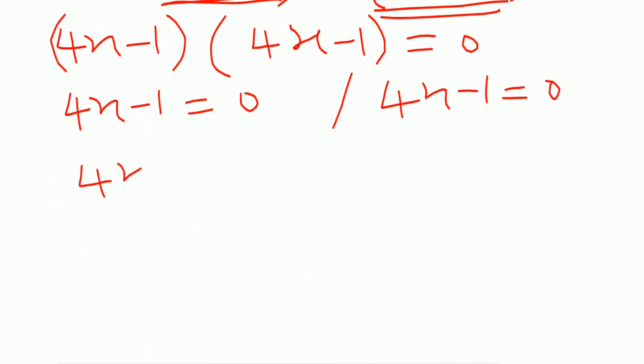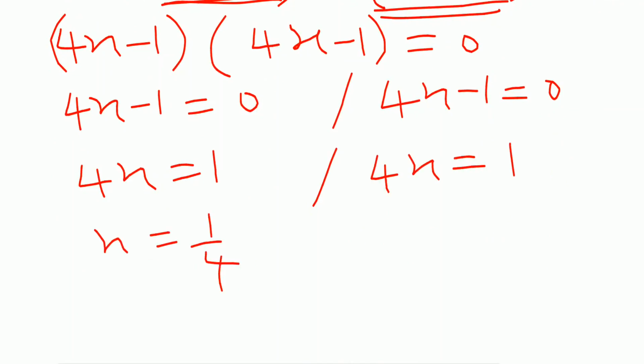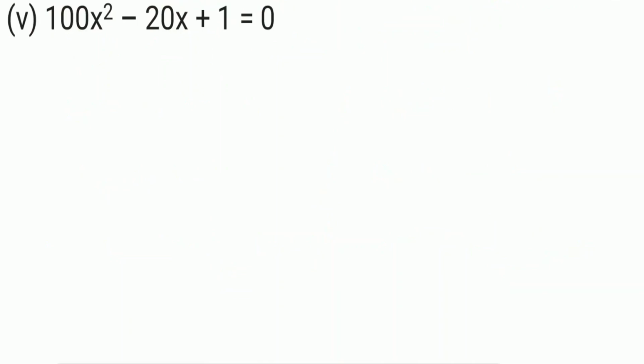So here 4x equal to 1. Here also 4x equal to 1. X is equal to 1 by 4. And this one is also x is equal to 1 by 4. Therefore, these two are the roots of the quadratic equation. Correct? Let's see the next one.